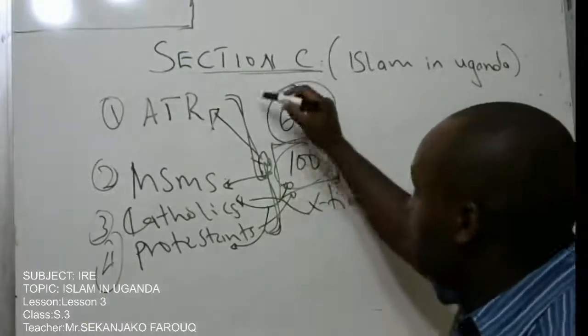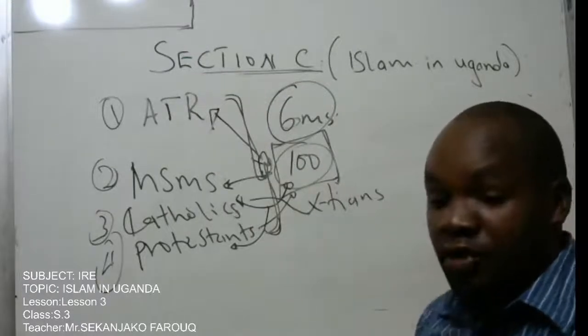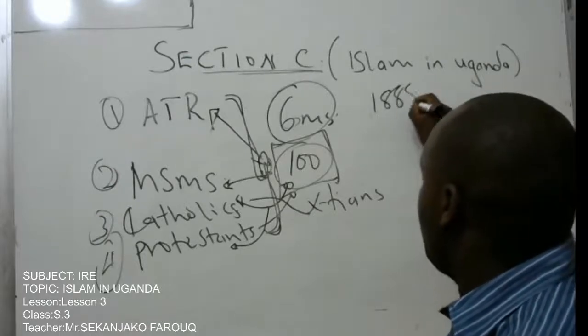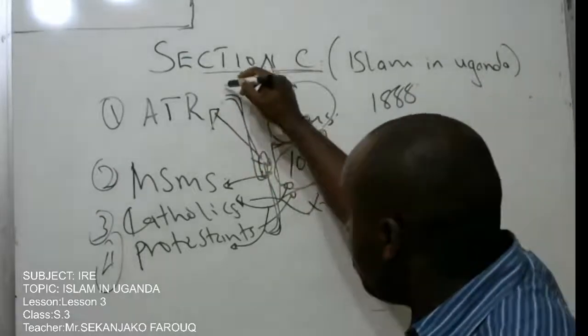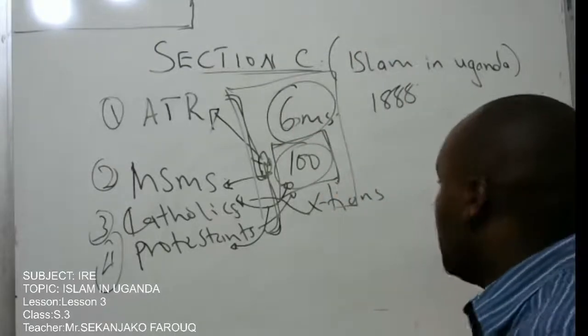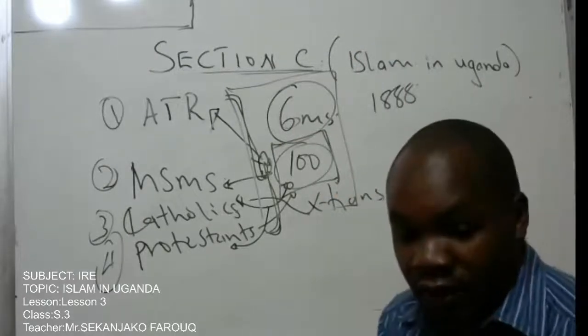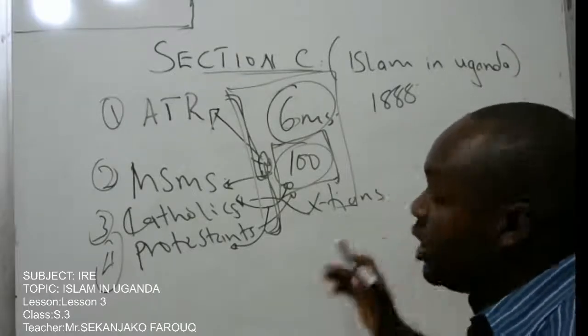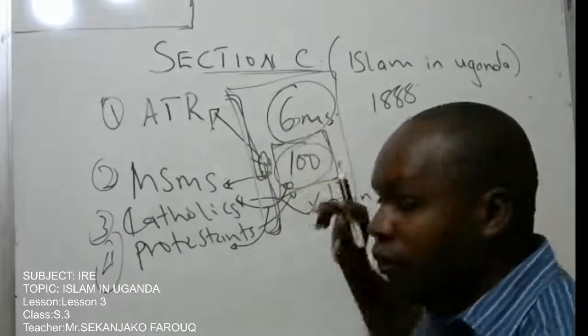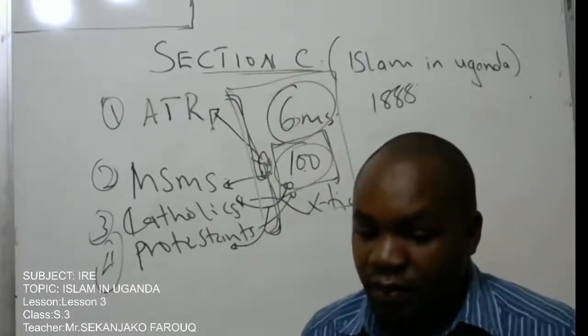So there had to be a crash, and that crash was witnessed in 1888 when the political religious wars began, because they were all fighting to get the few converts who were not increasing day after day. So there are very many causes, but among the causes is the fight for the few converts at the time.